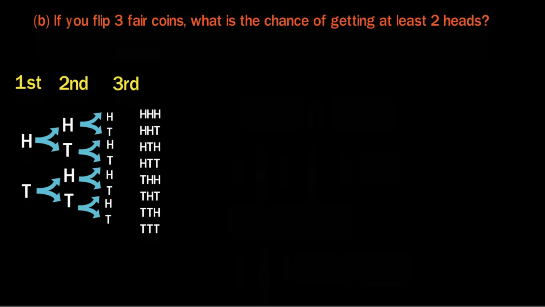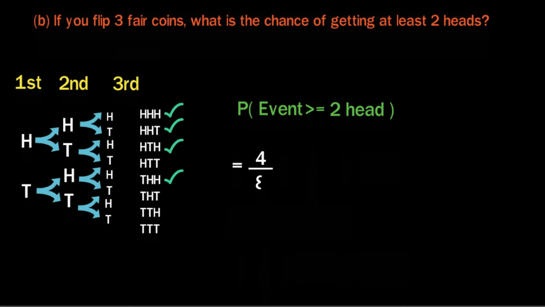So let's say we want to get at least 2 heads. Looking at the 8 possible outcomes, which ones have at least 2 heads? First one, second, third, this one doesn't have, 4, this one doesn't have, doesn't have, doesn't have. So there are only 4 outcomes out of all the 8 that have at least 2 heads. So 4 over 8, which is half, which is 50%.